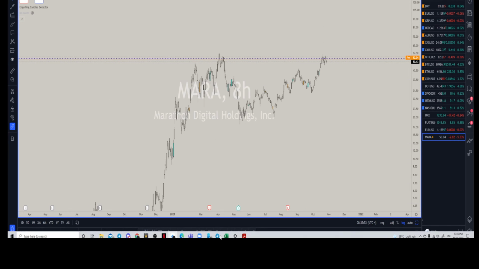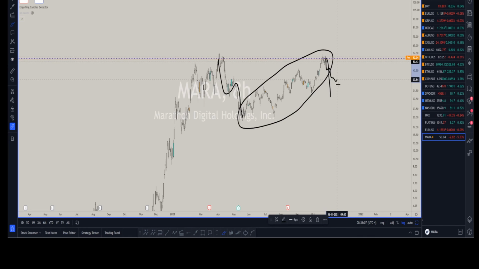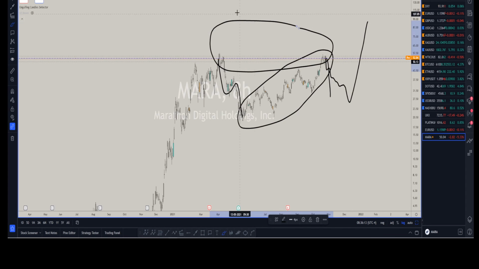So this for me looks finished after this kind of move. So I would love to see some kind of pullback or some kind of correction before breaking the stop. So I would wait.